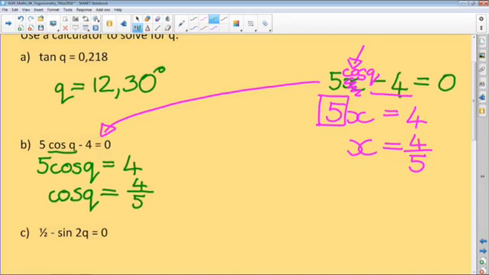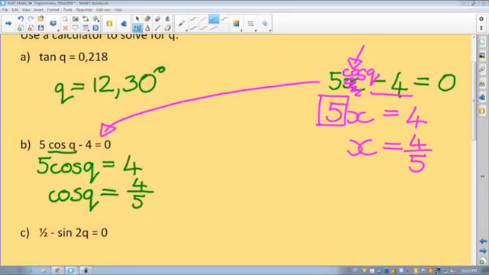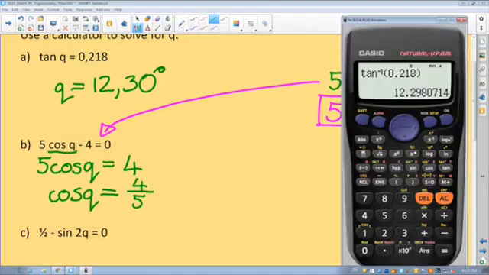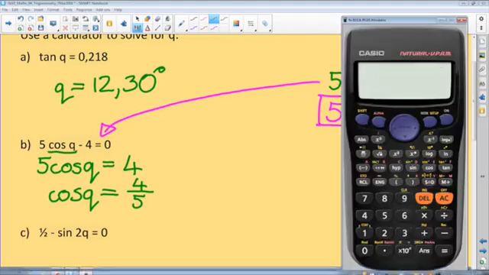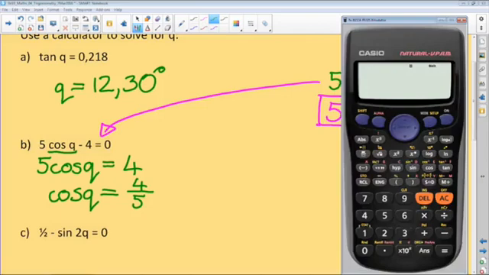Now that we have cos Q isolated, we need to use our calculator. And here's our calculator, so I'm going to clear it. Because we're solving for an angle, we press shift and cos, and then in the brackets, I'm going to write 4 and 5. Now remember, some calculators are really fussy that you close the brackets, so make sure that you do.